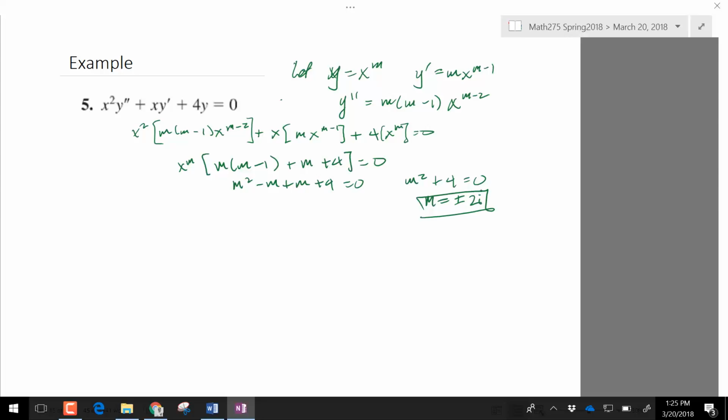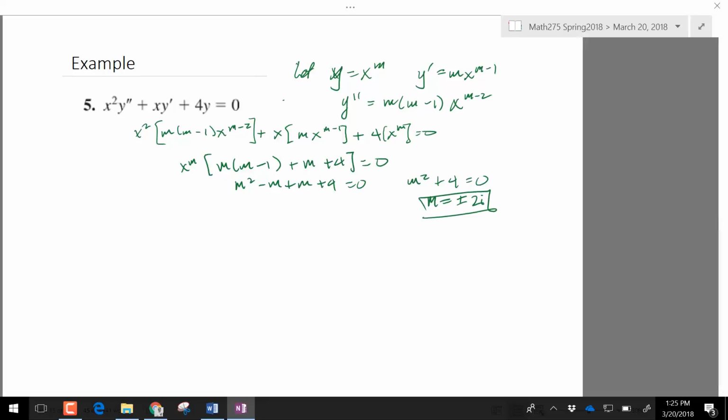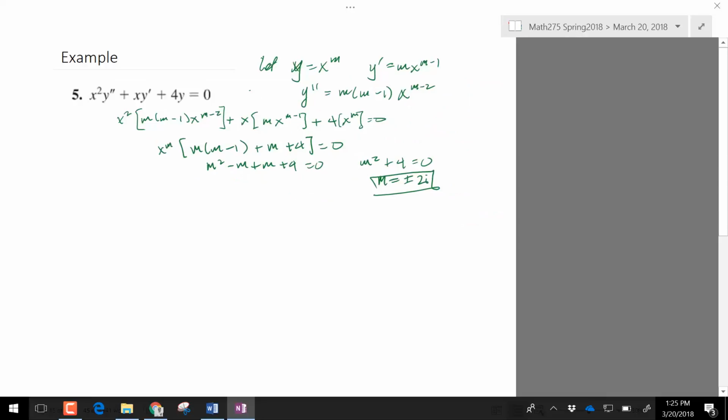You're done. Except I don't have it memorized yet. Something with a sine and cosine. So alpha is 0, plus or minus 2i. So x to the 0, and then you have sine, cosine with ln's.